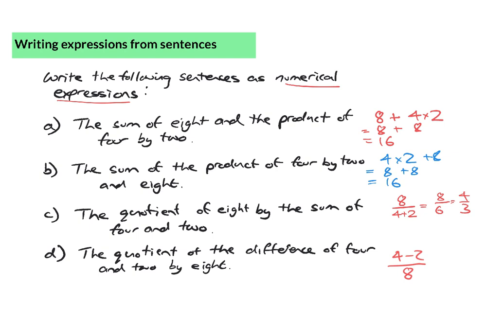The 4 comes before the 2 in my sentence, so the 4 comes before 2 in my difference. 4 subtract 2 is equal to 2. 2 over 8, which equals 1 over 4. So here we have quotient, so we have a fraction of the difference, subtraction of 4 and 2, 4 minus 2, not 2 minus 4, by 8, because that's the bottom of my quotient, my fraction.